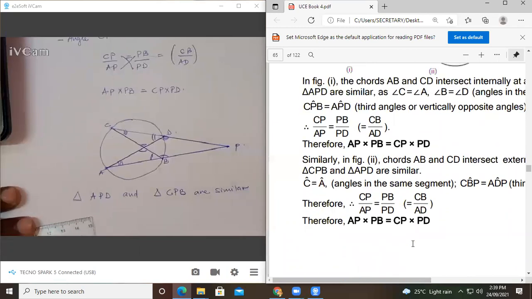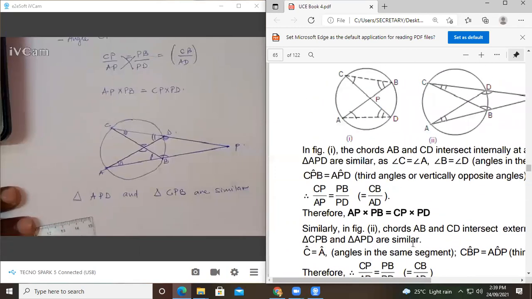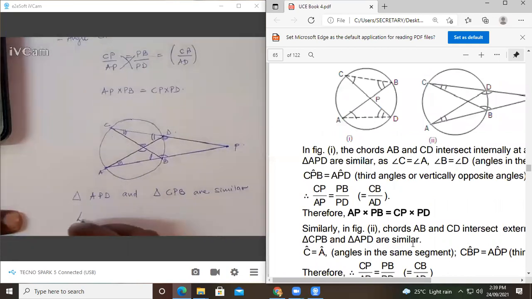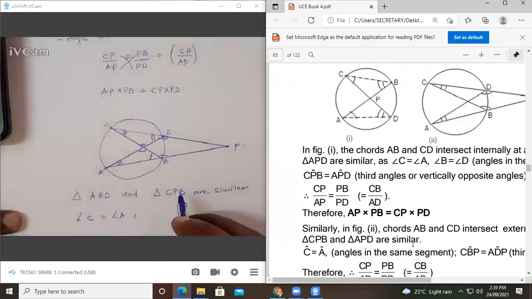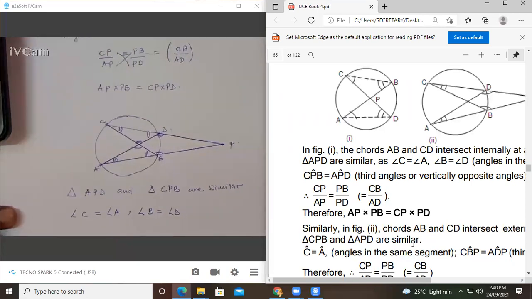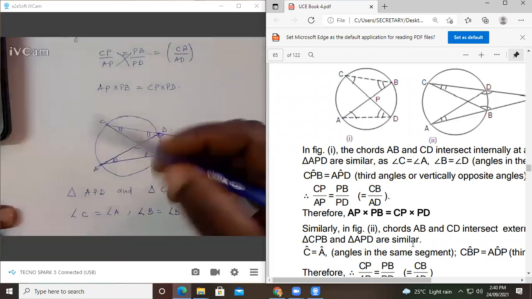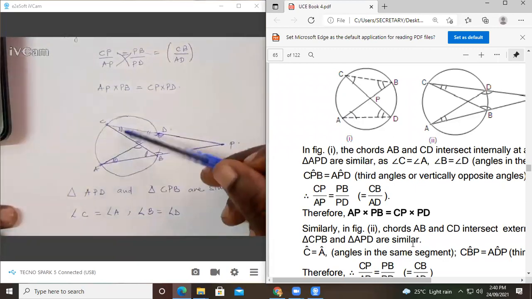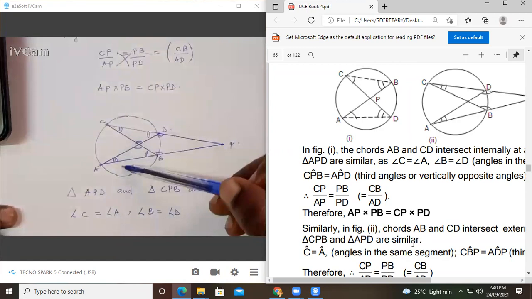Okay. So you can say angle C is equal to angle A. That's the first thing. And also we can say angle B equals angle D. You can see also these angles C and A are equal because they're in the same segment.